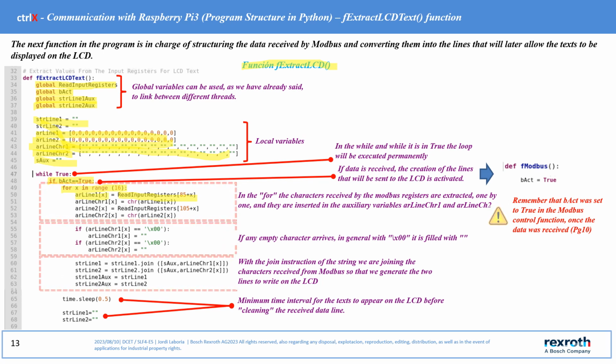If any empty characters arrive, it is filled with empty characters. With the join instruction of the string, the received characters are joined so that the lines to be written on the LCD are generated. Applying a minimum time interval for text to appear on the LCD while clearing the lines.